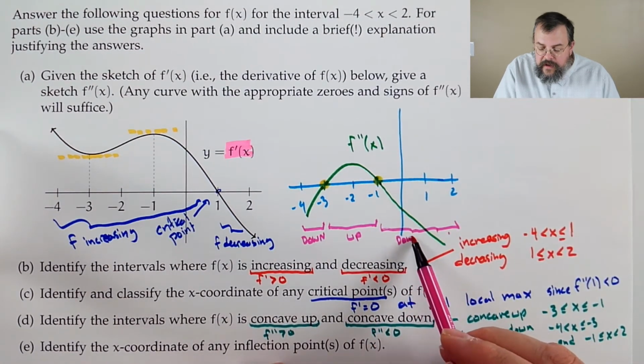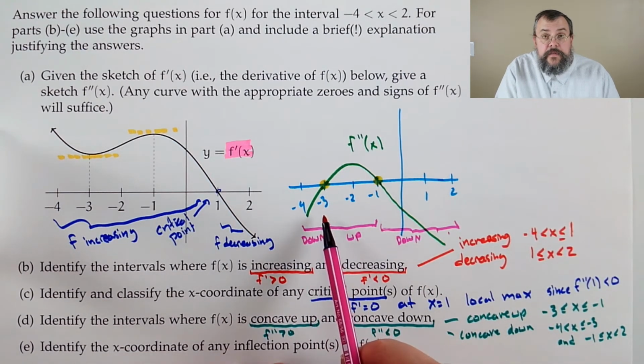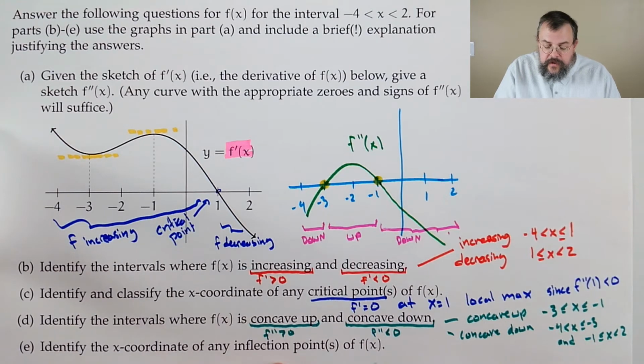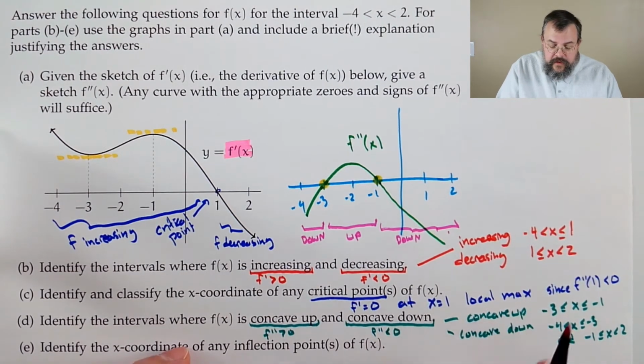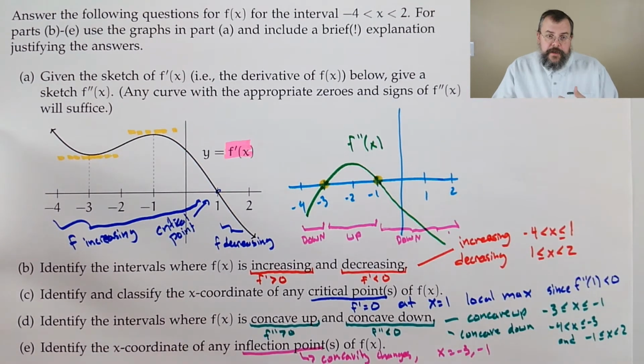So I'm writing down, this is our concavity. So where do we switch concavity? Well, at negative 3 and at negative 1. So the inflection point, we'll make a little side note here. This is concavity changes. And this happens at x equals negative 3 and negative 1. And there we go.